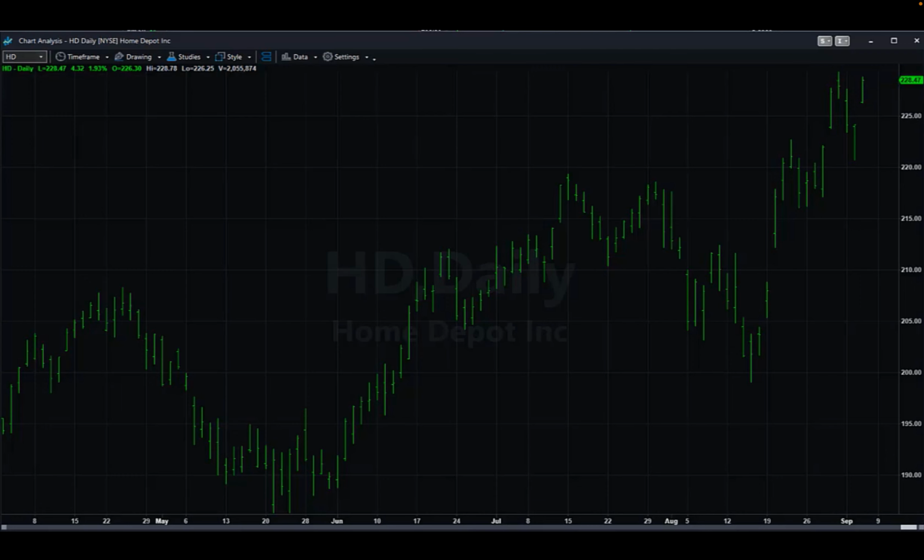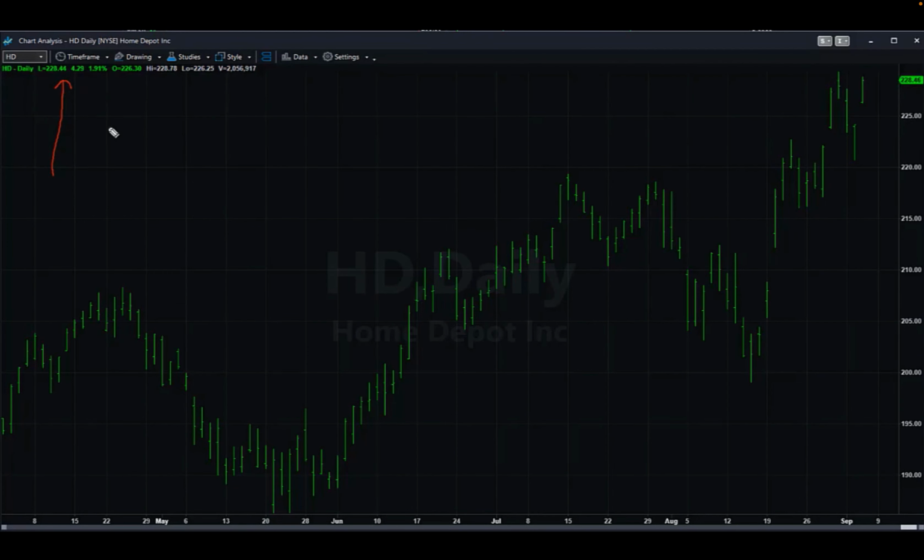A lot of times people will look at a chart and see a whole bunch of squiggly lines and candle bars up and down and red and green and blue. So this is just kind of a primer to get a feel for what a chart looks like and be able to navigate. The first thing that we're going to cover is the upper left-hand corner of the chart. There's a lot of information right up here.